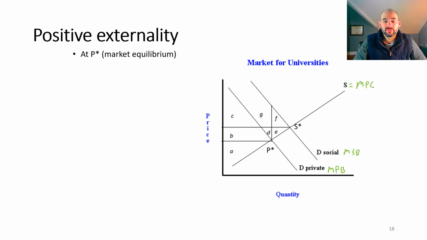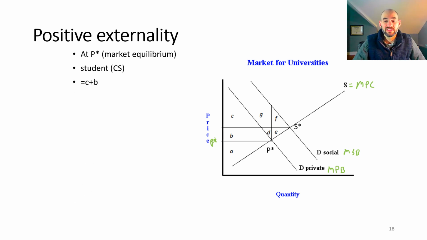So let's start off where we did last time, which is by thinking about what is the consumer surplus at price P star. So who are the consumers in this market? They're going to be the students, or the parents of the students, or whoever is paying for the education in this market.